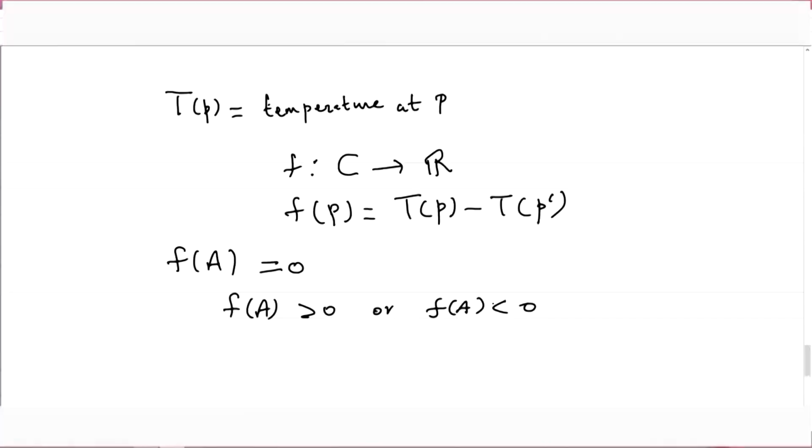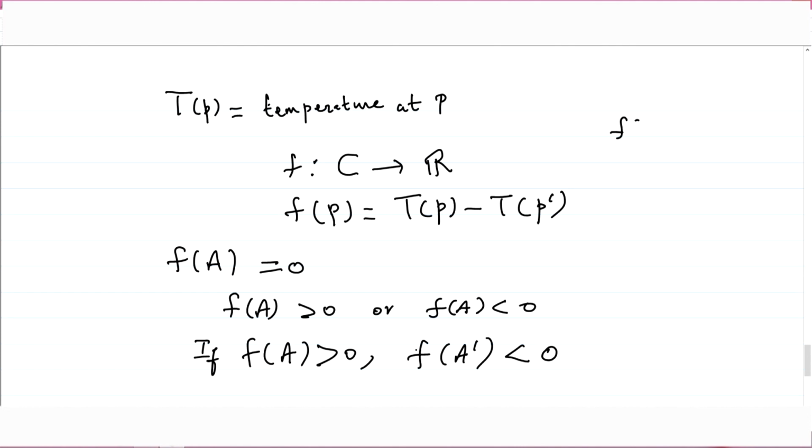Now my claim is, if f of A is positive, then f of A dashed is negative. Do you agree with my claim? Yes, ma'am. How do you show this? It is very easy. See, f of A is T of A minus T of A dash. Now suppose it is positive. Then what will be f of A prime?